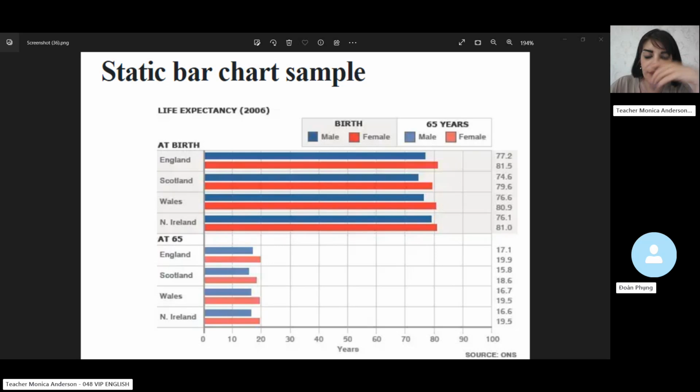Can you just send me the sample structure? Of course, I will. If you want, I can write it on the board now, or I can send it later.